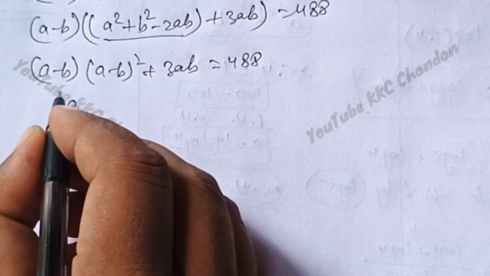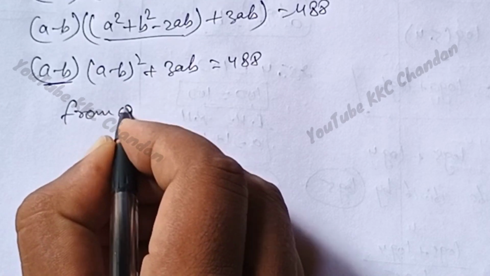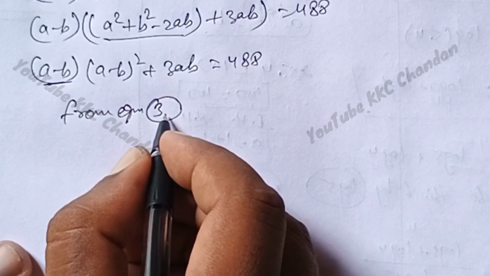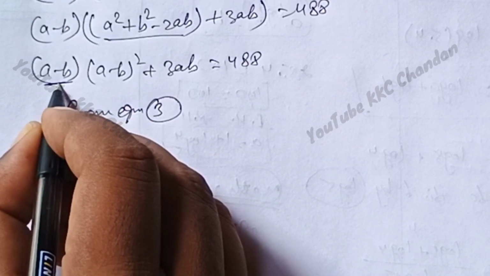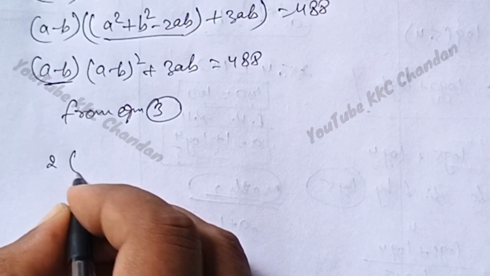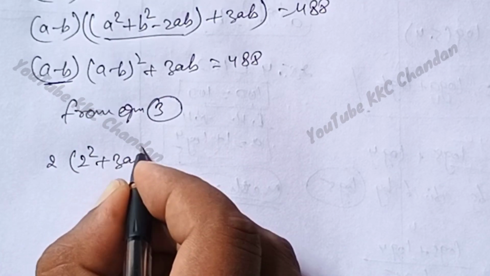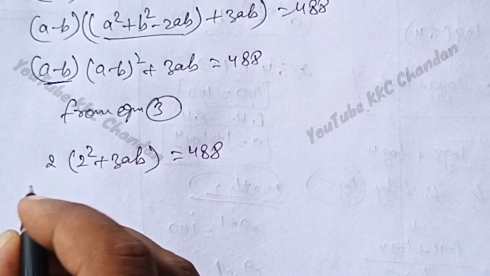From equation number 3, we know that A minus B is equal to 2. So put this value in this place. (A minus B) is 2, so 2 into (2 square plus 3AB), bracket close, is equal to 488.